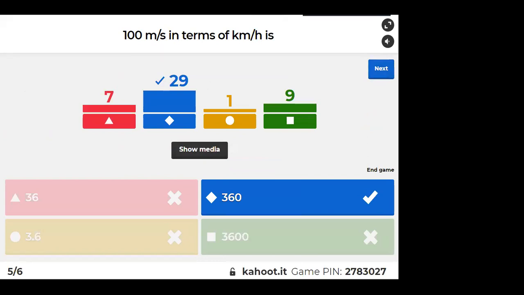Very good, everyone. Most of you are learning now. So it is meter per second into kilometer per hour, right? So it is 100 into 5 by 18, sir. Sorry, 18 by 5, sir. We did this meter per second to kilometer per hour. So it is 20, and 20 into 18 is 360.